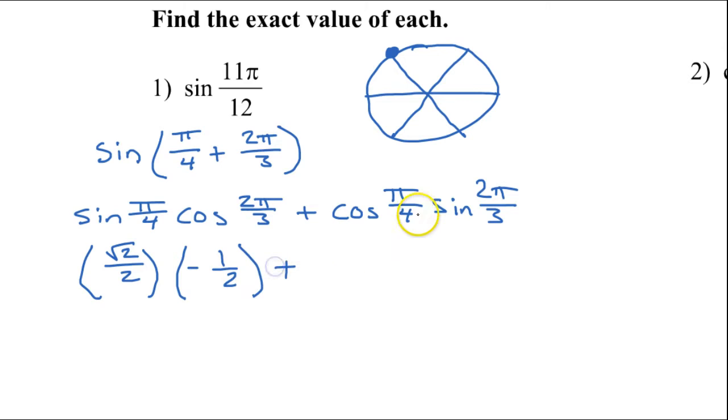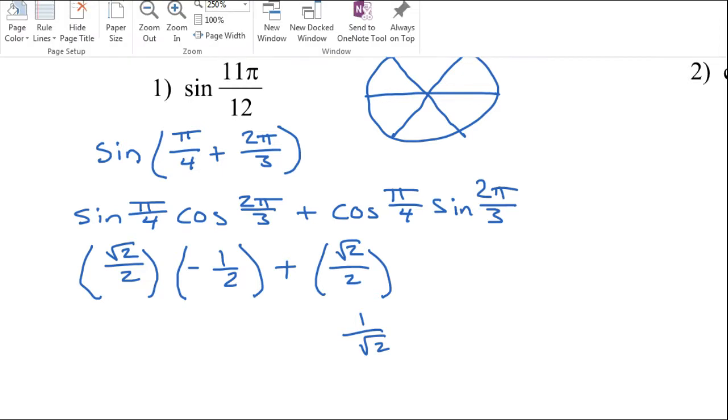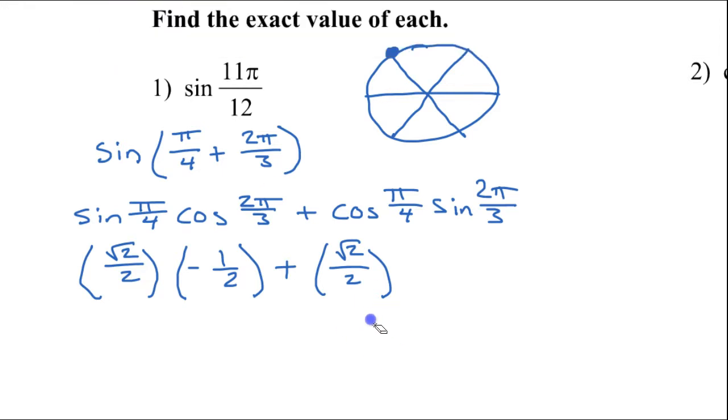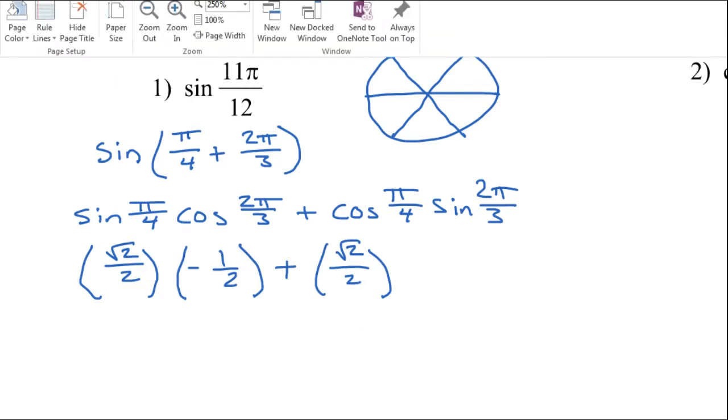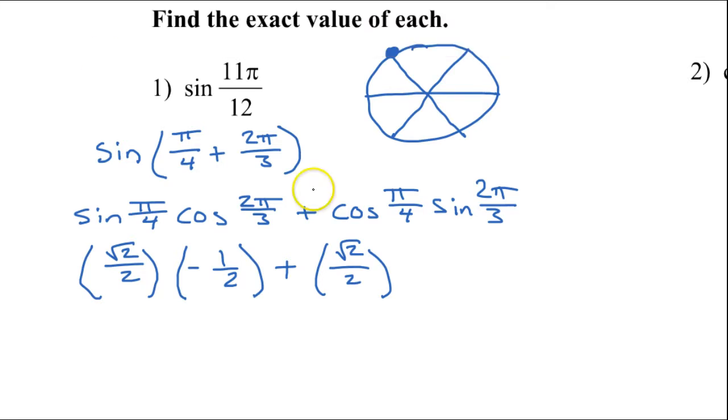Let's keep going. Cosine of pi over 4, we know that that is radical 2 over 2. Sometimes I call this 1 over radical 2. That's the same thing. But in this type of problem, it's more convenient to write it as radical 2 over 2. And sine of 2 pi over 3. Again, think about the sine of pi over 3.